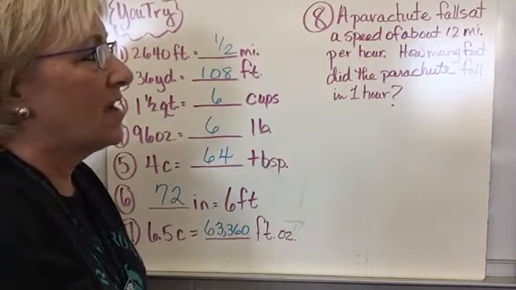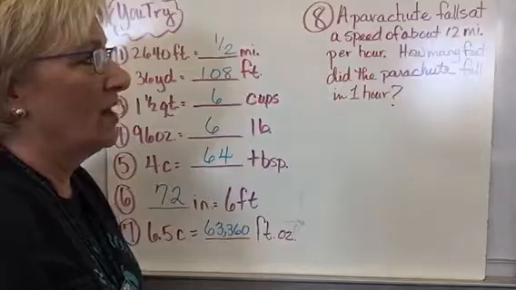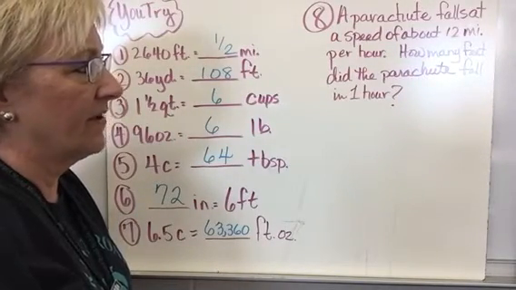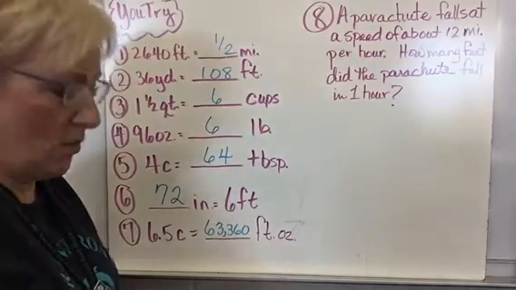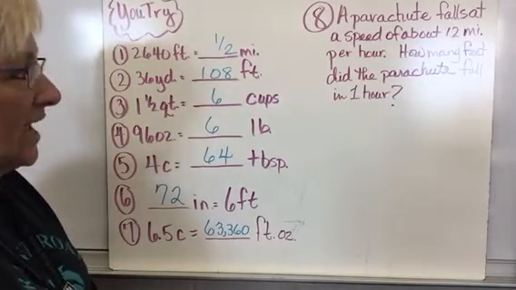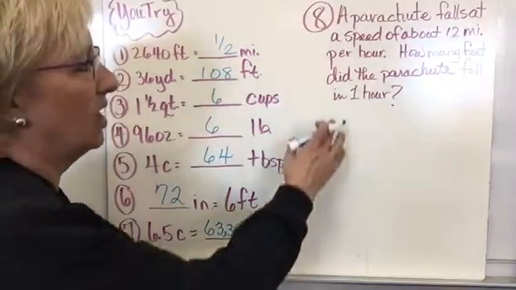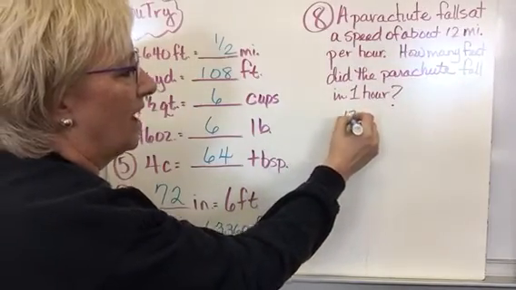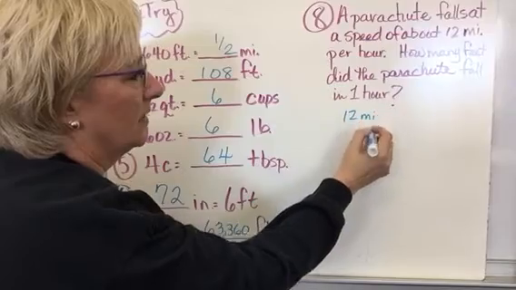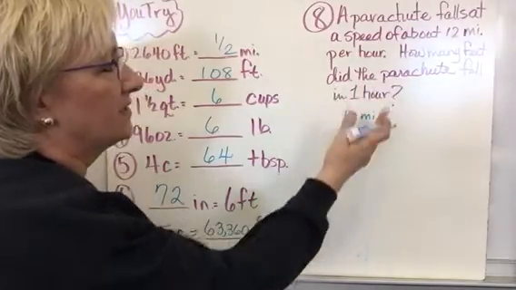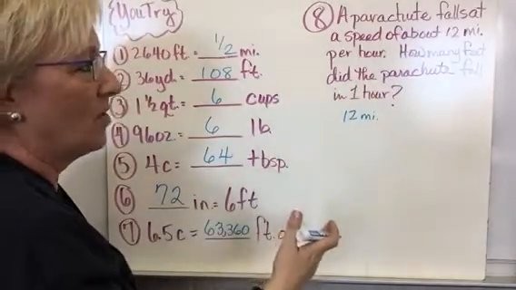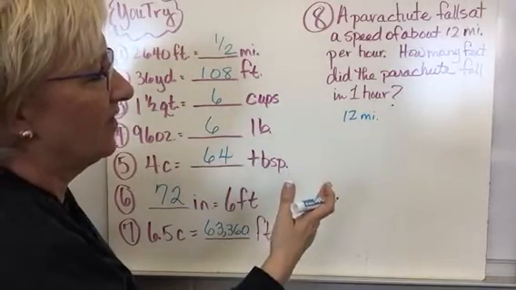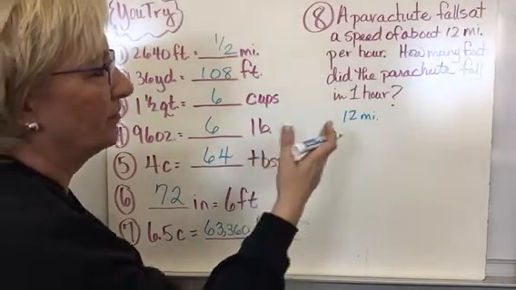Our next one is: a parachute falls at a speed of about 12 miles per hour. How many feet did the parachute fall in 1 hour? Well, the first thing I'm going to look at is I know it is falling at 12 miles per hour.